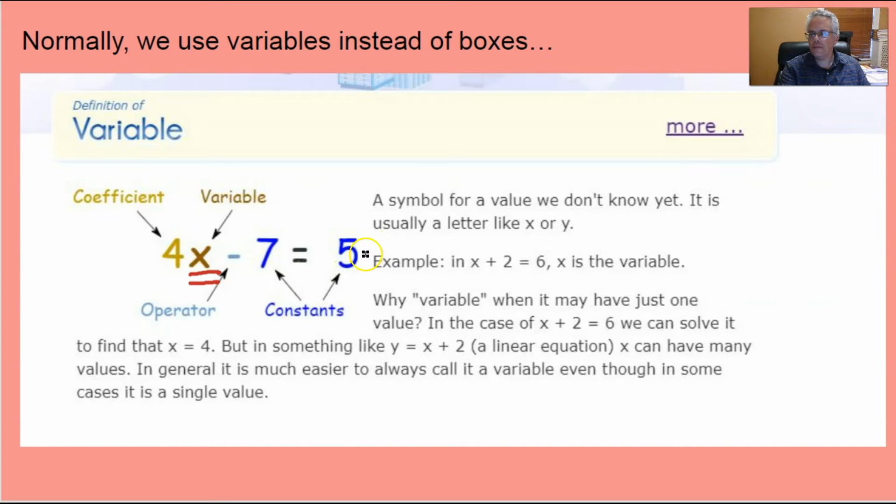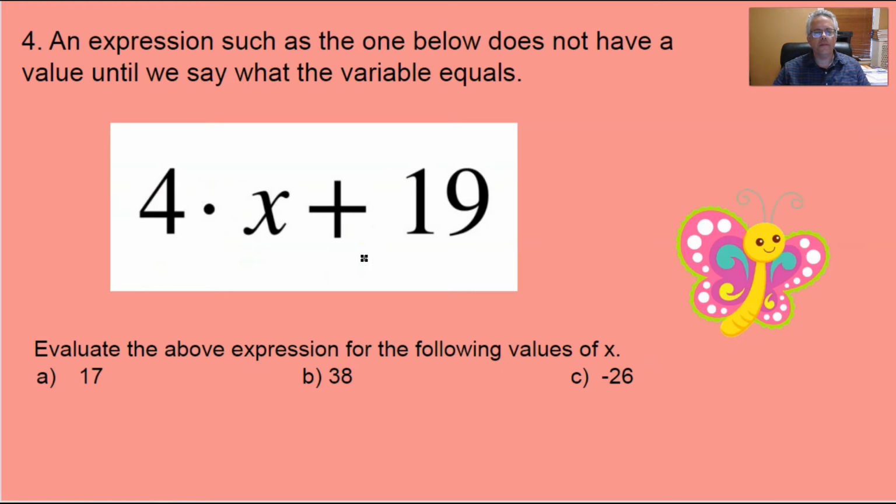Well, we're going to learn to solve an equation like this very soon. So instead of boxes, we use letters, right? Like here. This means 4 times, well, what is X? Well, that's a good question. We have to give it a value before we can evaluate this. But whatever number X represents, we'll do 4 times that number plus 19. This is similar to what we just had by saying 4 times box plus 19 and just put numbers in the box.